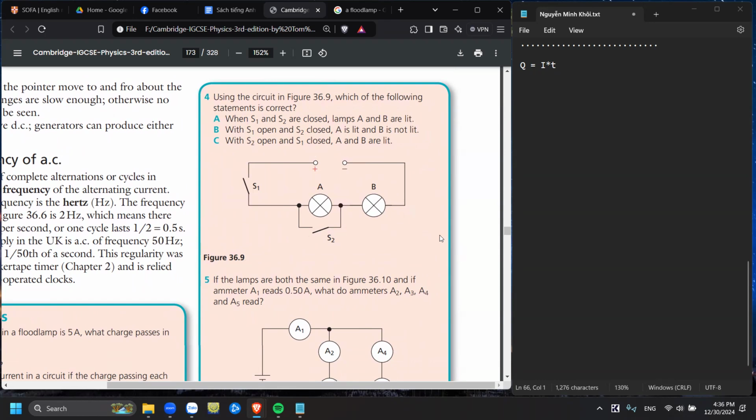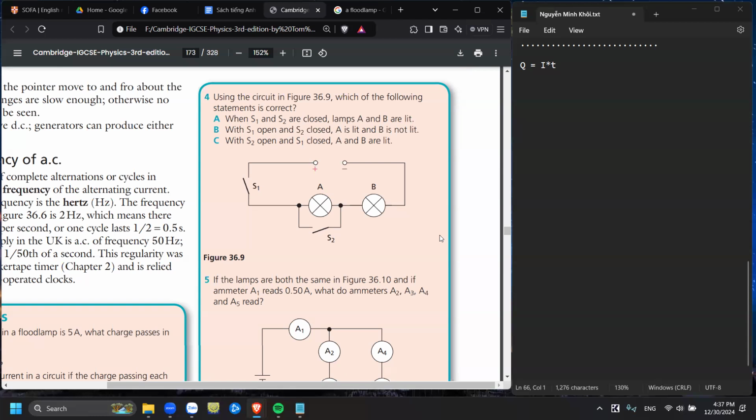Using the figure, when S1 and S2 are closed, A and B are lit. Wait, does closed mean connected or open?